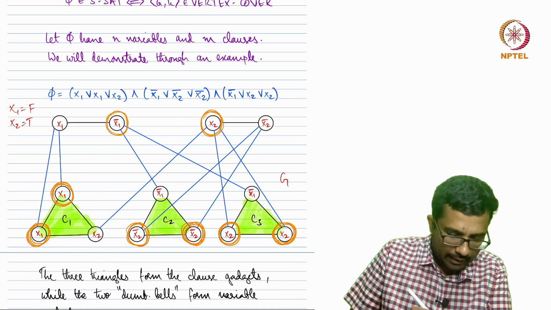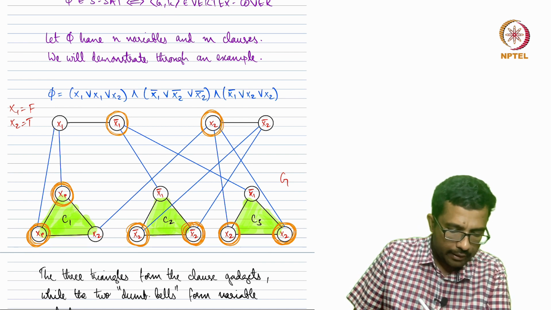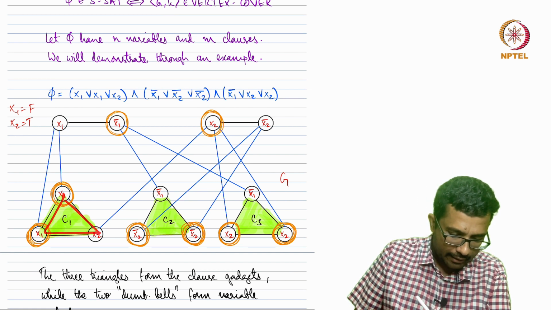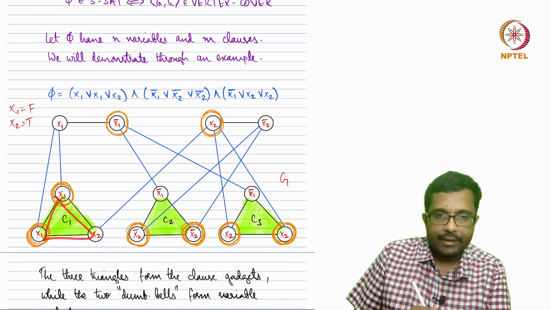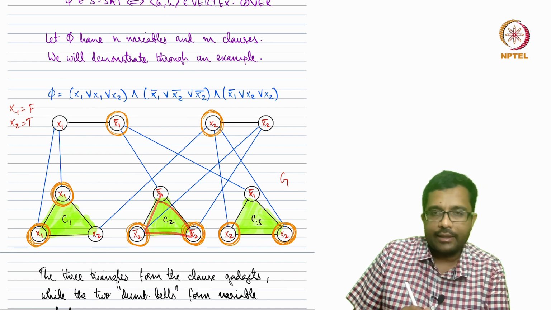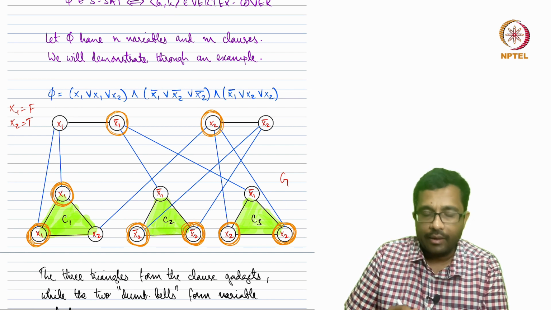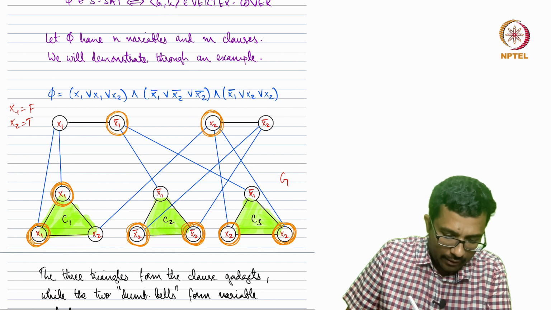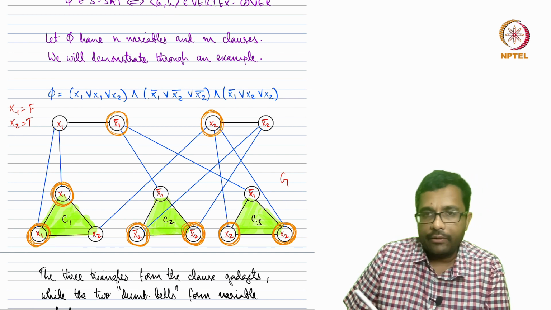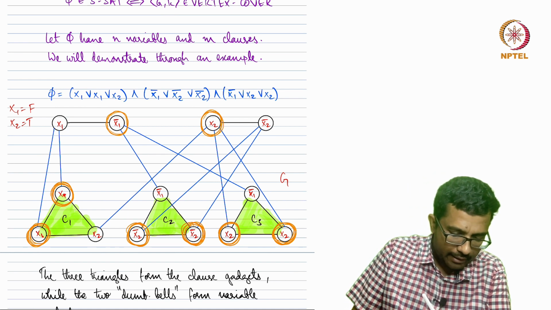This clause gadget has 3 edges, and any 2 vertices in this triangle cover the edges, right? So all the 3 edges here are covered by these 2 vertices. Sorry, all the edges in all the clause gadgets are covered by the 2 vertices that we picked from each clause gadget, because the 2 vertices cover this triangle.